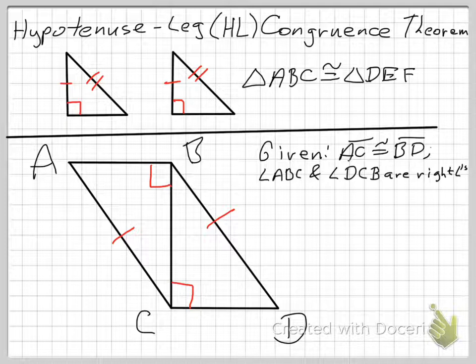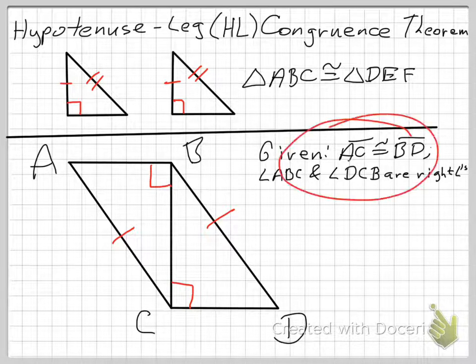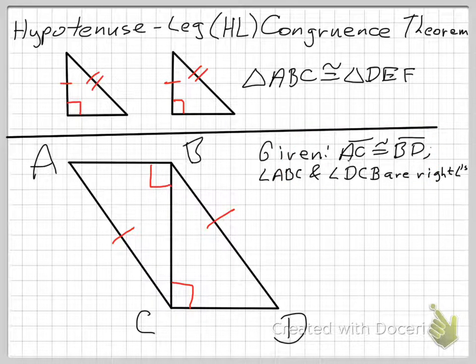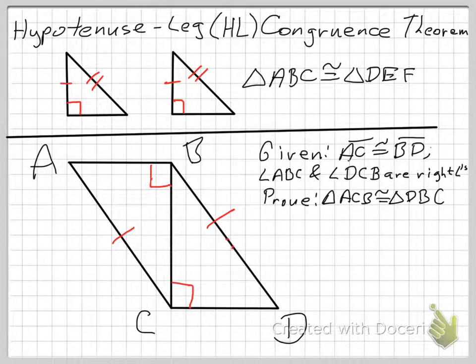And basically what I have written under the given is also displayed in the picture, right? AC is congruent to BD, that's with the tick marks, and angle ABC and angle DCB are right angles with the red squares. So we want to prove that triangle ACB is congruent to triangle DBC.